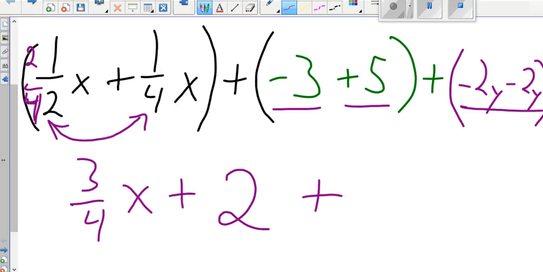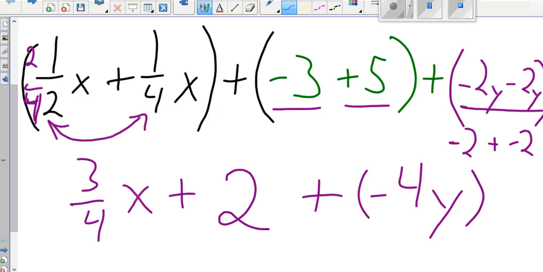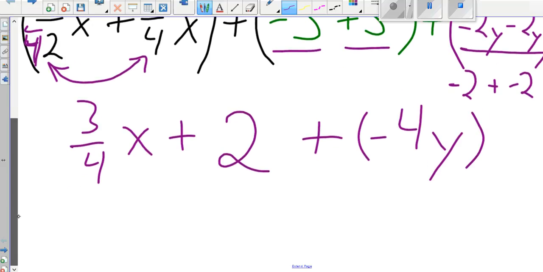So we're going to combine those two. As we visually look at this, we're really doing this plus -2. Negative plus a negative remains negative. So we say -4, and we put the y down there like that, and this is in parentheses. Usually when you write expressions, we want to do two things. One, we want our terms with variables to come first, and then our terms without variables to go last.